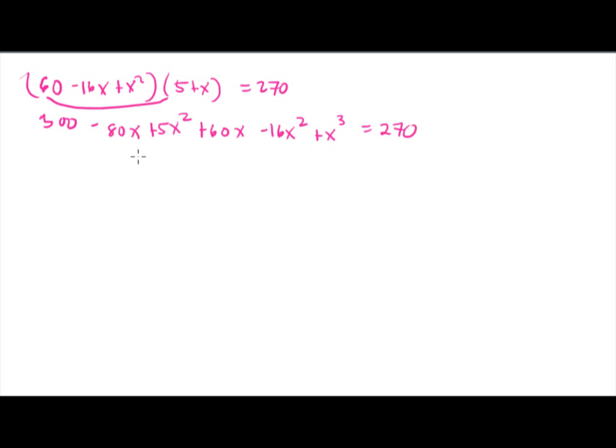So you have some terms that can be combined, like the x and the x squared. So we just copy 300 for the meantime. Negative 80x and positive 60x will become negative 20x, and then 5x squared minus 16x squared will become negative 11x squared, then plus x cubed equals 270.